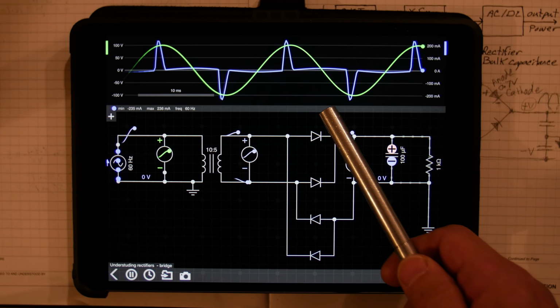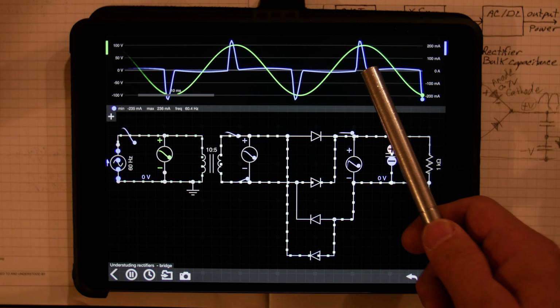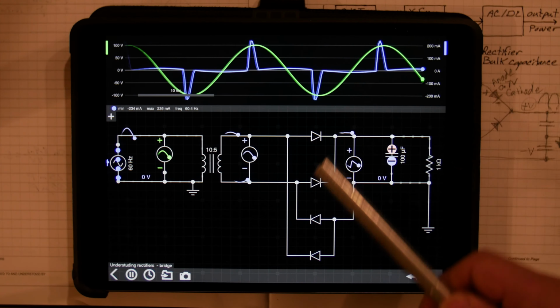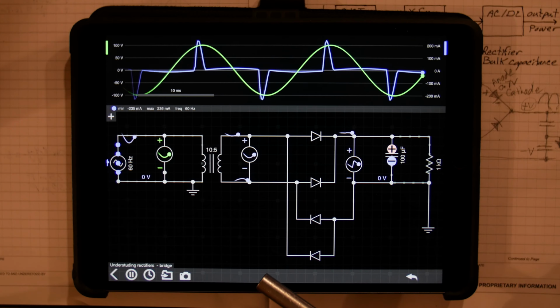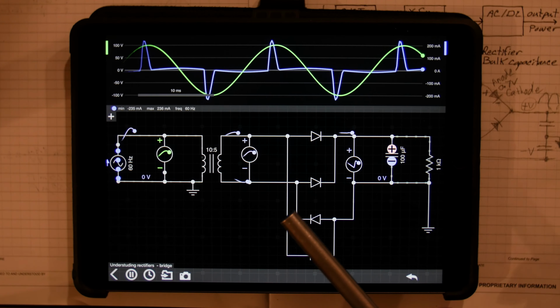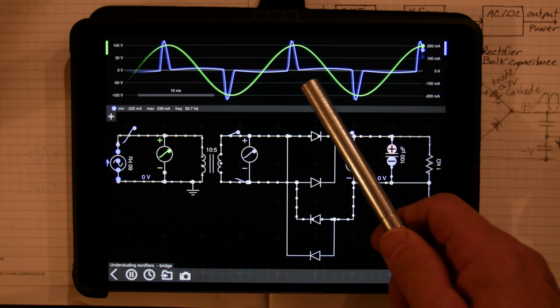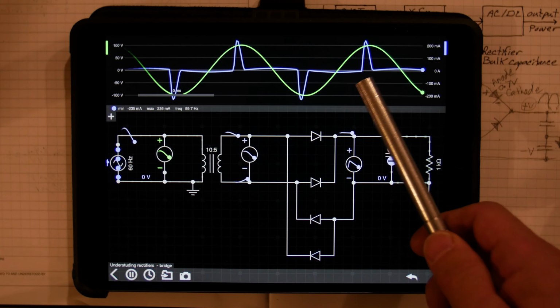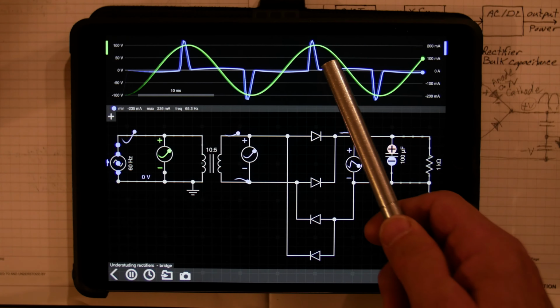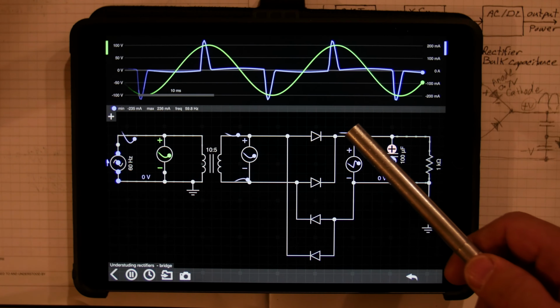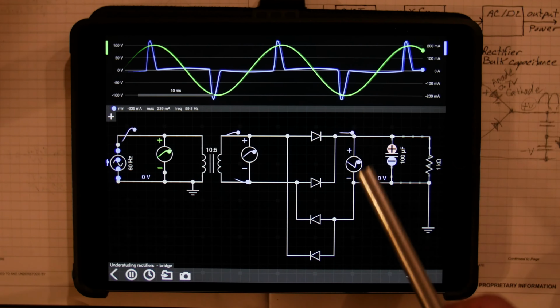So now you have current happening in these large pulses. That causes distortion, and it causes a phase change between voltage and current. And those two factors are what create the power factor with the bridge rectifier circuit.